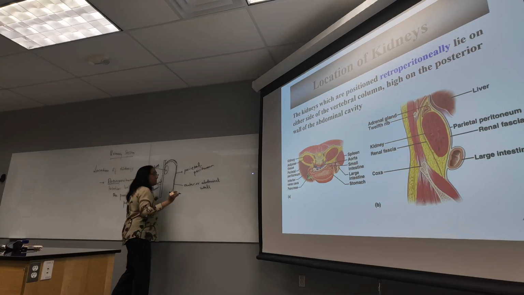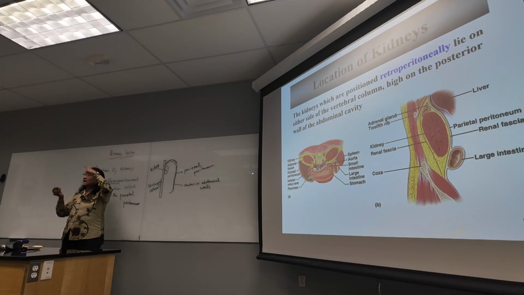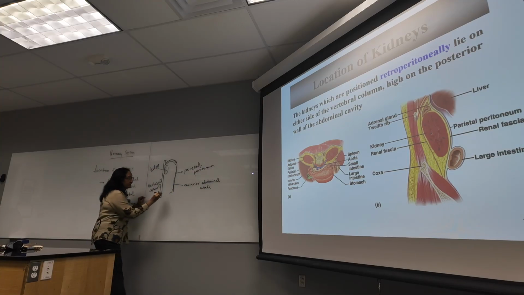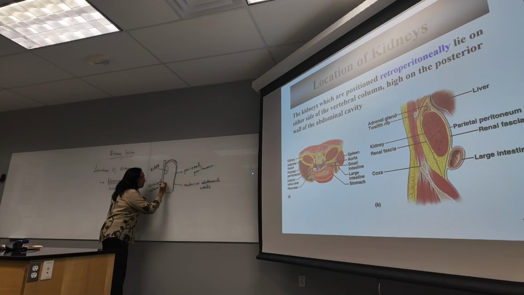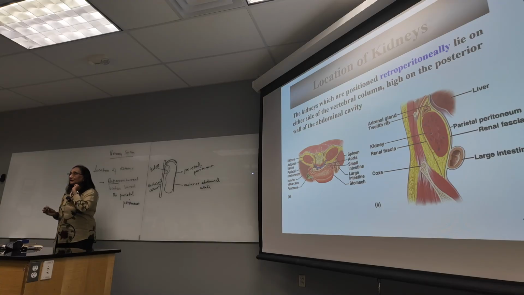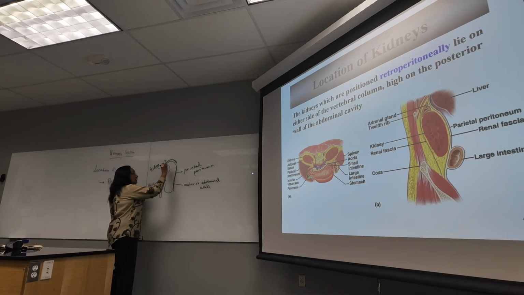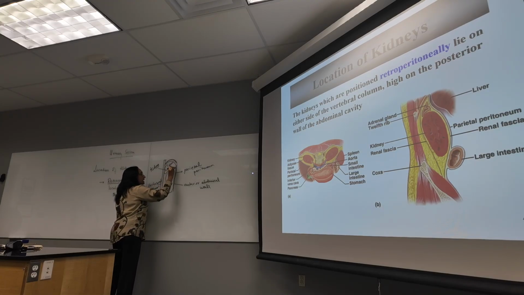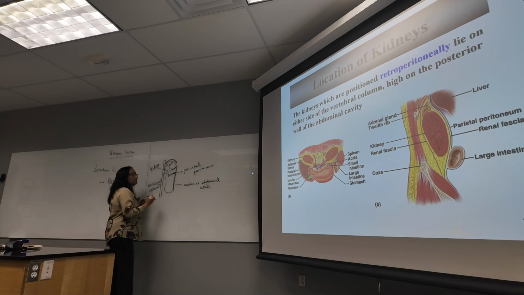So it's a thin membrane which lines the inside of your abdominal cavity, and the parietal peritoneum is going to go like that, going to form a bag like that. And inside this bag you will have the liver, the stomach, the intestines, okay?